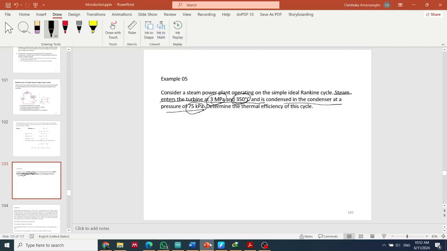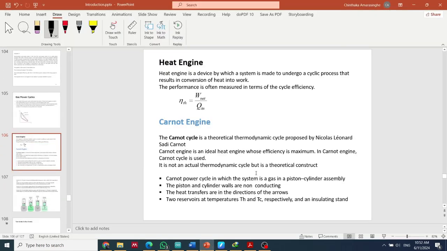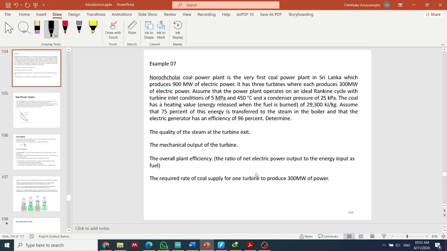So let me read it out. Norochcholai power plant is the very first coal power plant in Sri Lanka, which produces 900 megawatt of electric power. It has 3 turbines where each turbine produces 300 megawatt of electric power. Assume that the power plant operates on an ideal Rankine cycle with turbine inlet condition of 5 megapascal and 450 Celsius and a condenser pressure of 25 kilopascal.